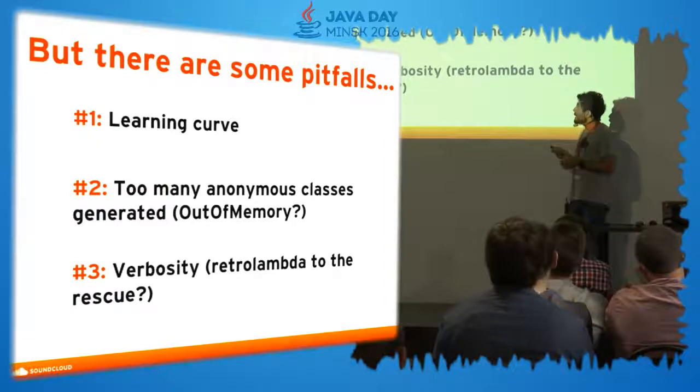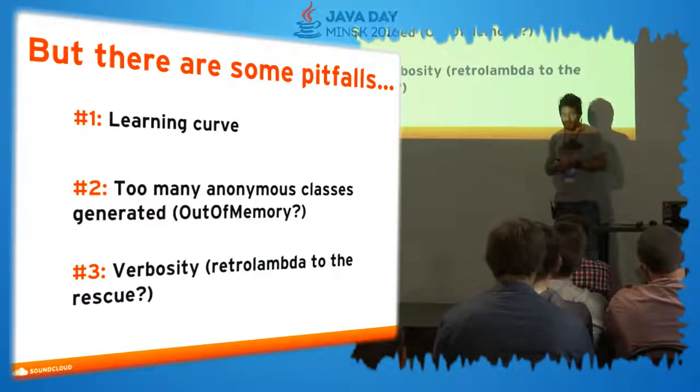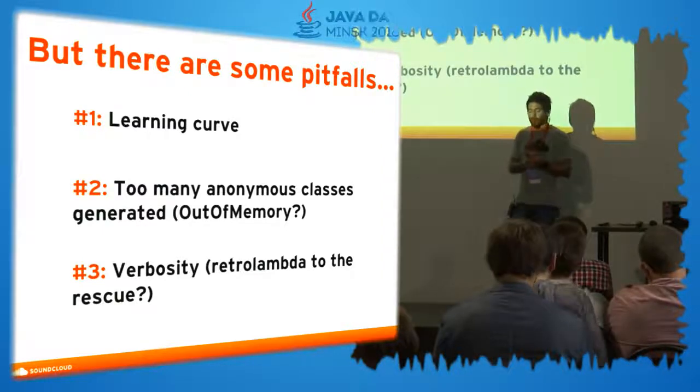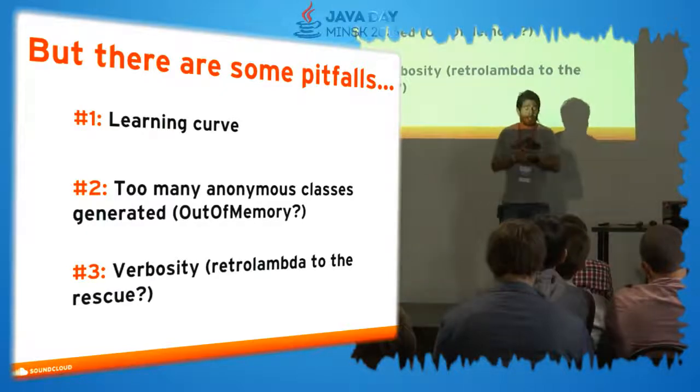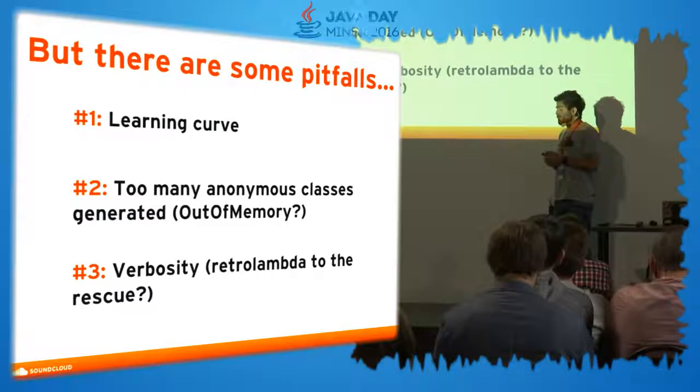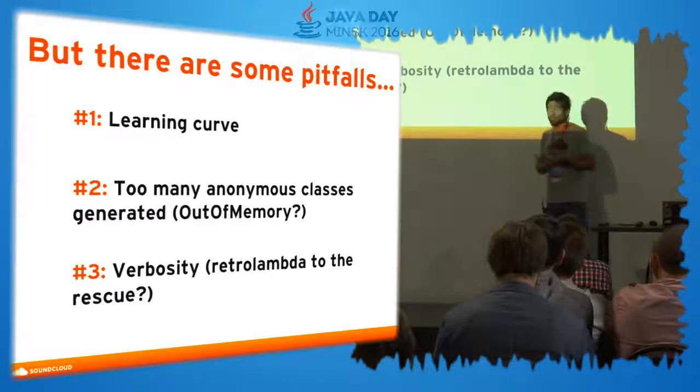I put this point because in the first versions of RxJava, especially for Android where we have limited resources, the way it worked was by generating a lot of anonymous classes. On older devices, that was a big problem.